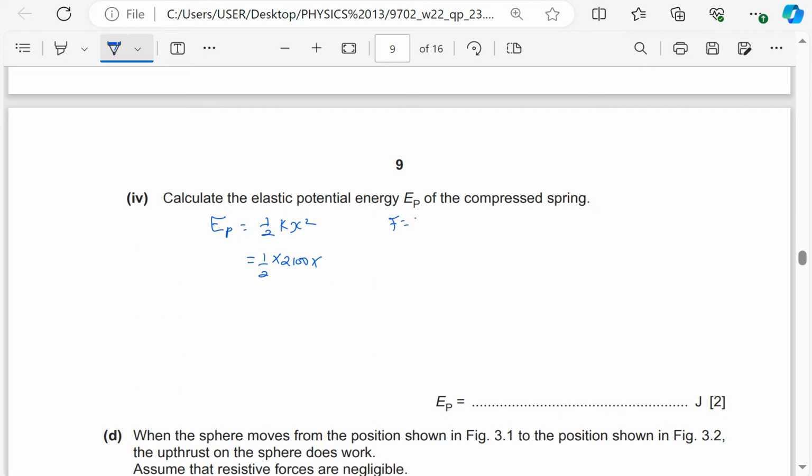From F equals kx, it means x is going to be F over k, and F is 15, that is the force in the spring, and the constant is 2100. So I'll say 15 over 2100, but this should be squared.